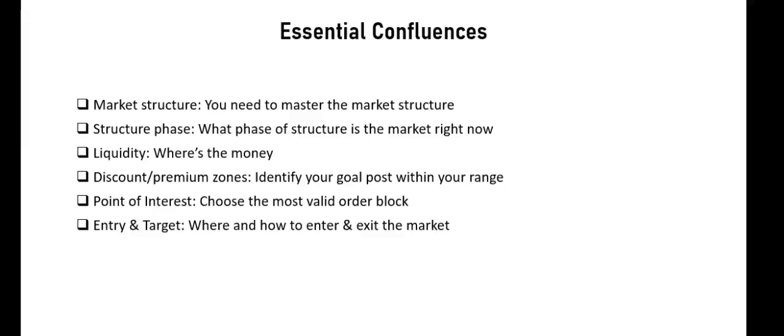But ultimately what you need is to make sure your point of interest is valid enough. Now, lastly, you can talk about entry and target. That is where and how to enter and exit the market.